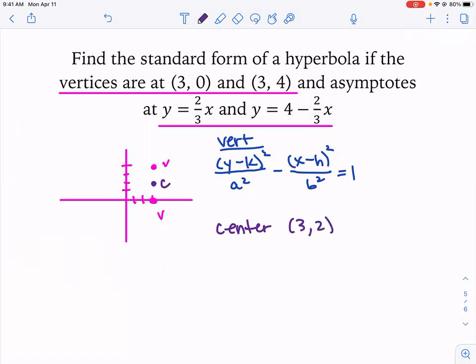All right. What else do we know? Our vertices are how far away from the center? 2. So A is 2. We don't have any information about the foci, so we don't even have to worry about C. I don't care what it is, but we do need to figure out B in order to fill in this guy right here.